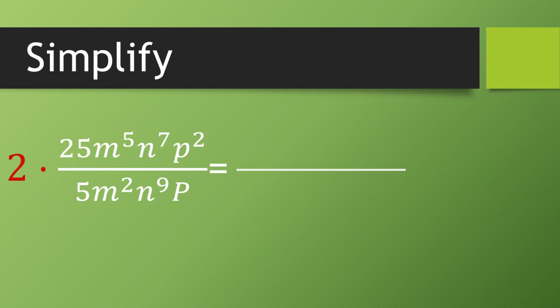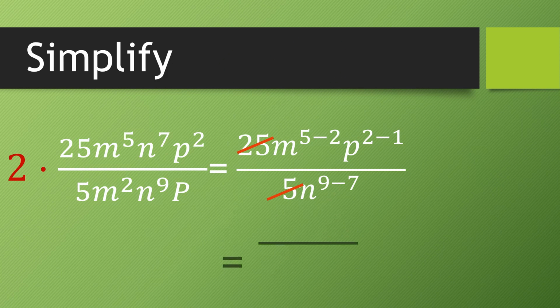So we have 25 m raised to 5 minus 2, p raised to 2 minus 1, and then in the denominator, we have 5 n raised to 4 minus 2. By simplifying, we have 25 over 5. The simplest form of that is 5. So we have 5 m cubed p over n squared.